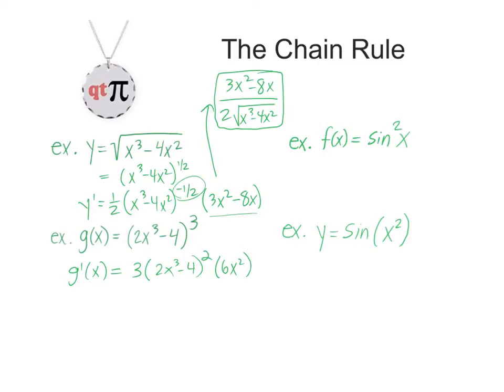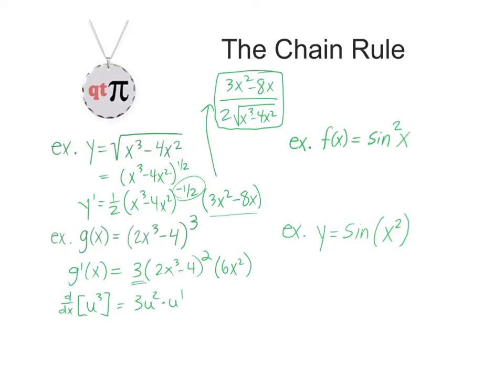That's the derivative of the inner guts, the u. If we were writing this thing out, the derivative of u cubed is 3u squared times u prime. So u is 2x cubed minus 4.